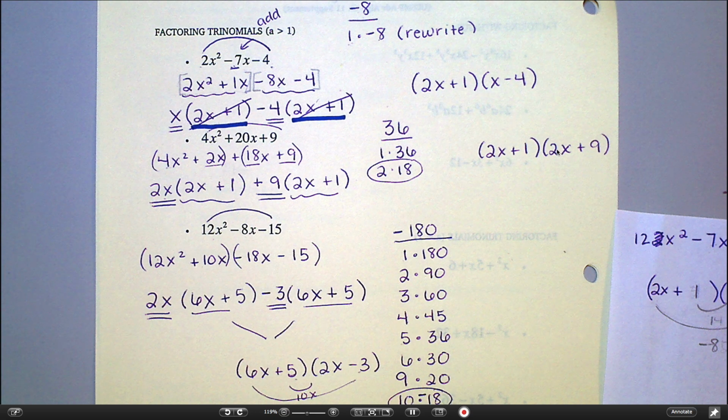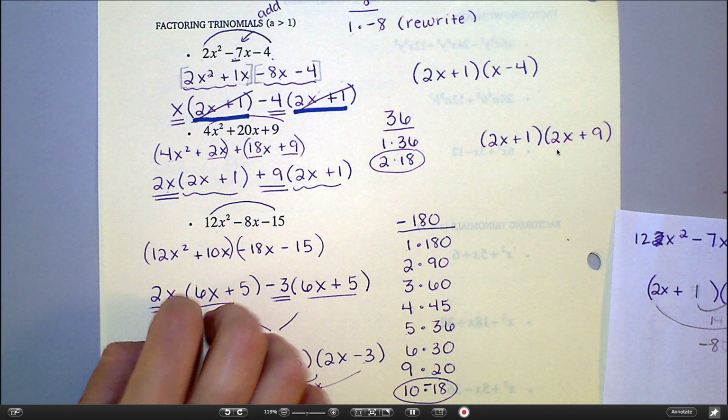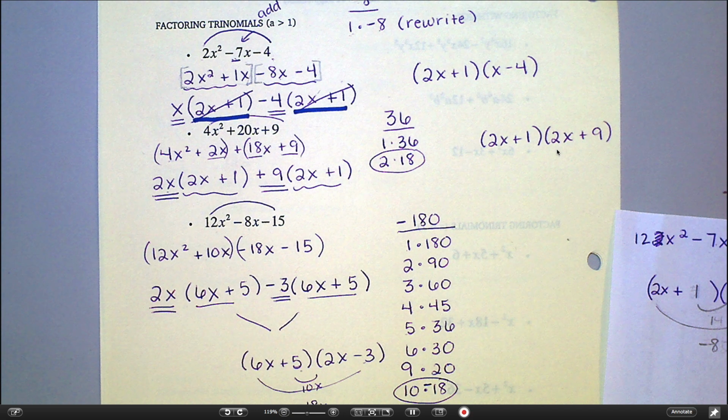So guessing and checking is going to take a while on something like that. It can be done, but it's going to be tough, okay? But this method is sort of a tried and true. It will always get you straight to the right answer. So if you want just a consistent way to do these every single time, this is the way to go, okay? Okay, so that's it for me for today.